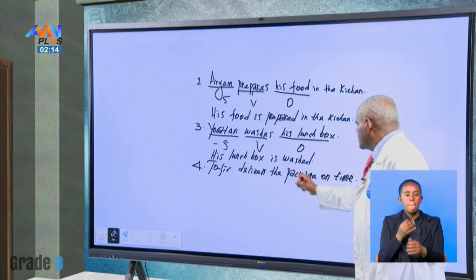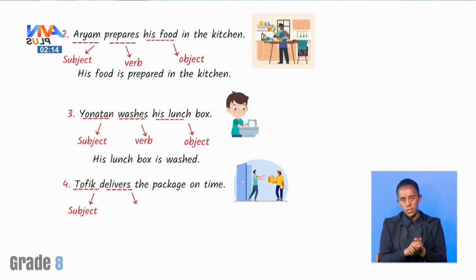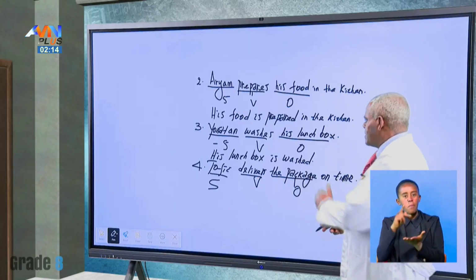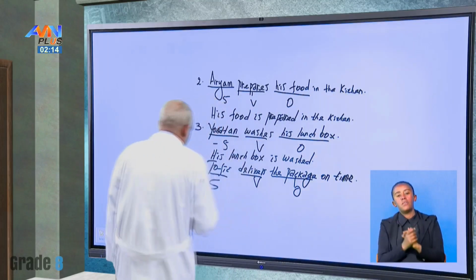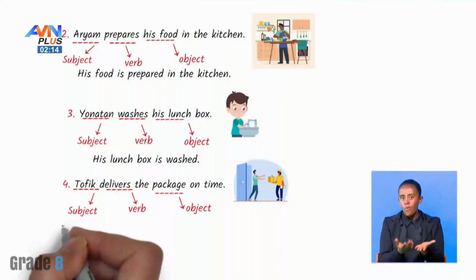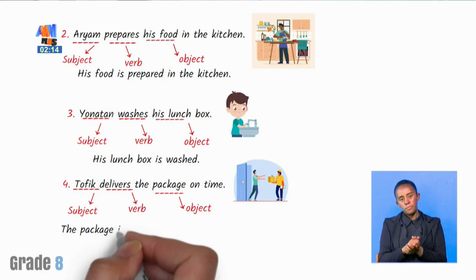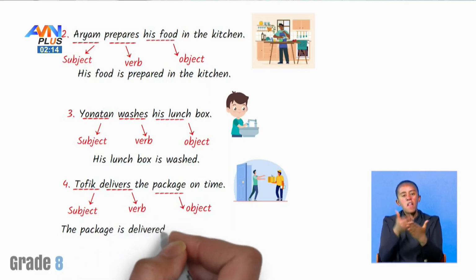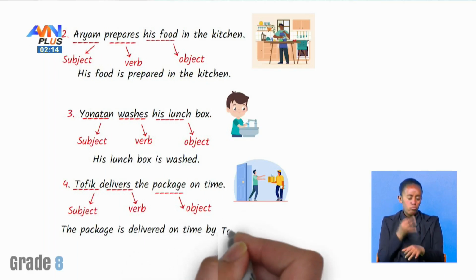The package is an object. Here is a verb, and here there is a subject. So you can start from the package, and change into passive voice. So this can be written in such a way: the package is delivered on time.